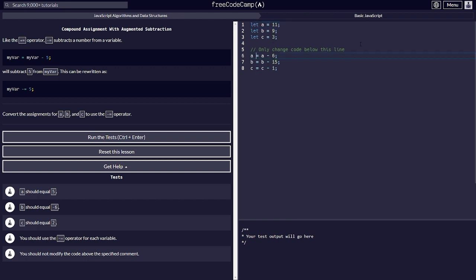So A minus equals minus 6. That doesn't make sense. A should equal 5. 11 minus 6 is 5.